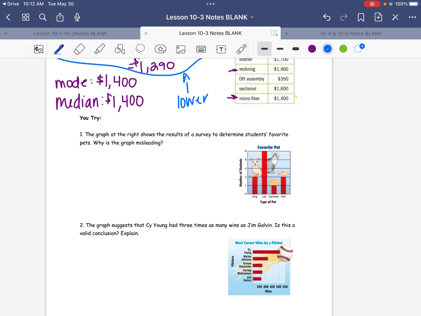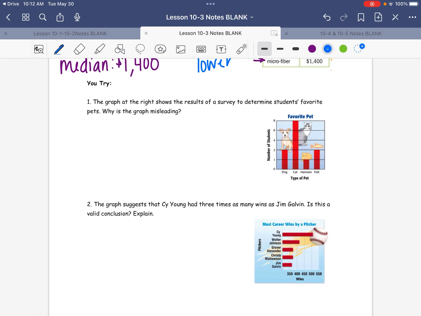All right, going on to the 2 U-tries. U-try number 1: the graph at the right shows the survey to determine the students' favorite pets. Why is the graph misleading?